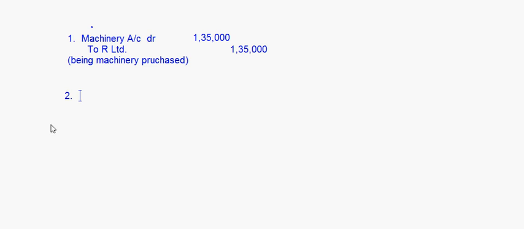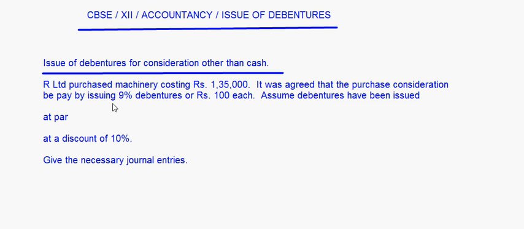Now here we have been given that they are issuing 9% debentures of rupees 100 each. First of all, let's take up the case of issue at par, right? So here, what will be the entry? It will be vendor account debit.